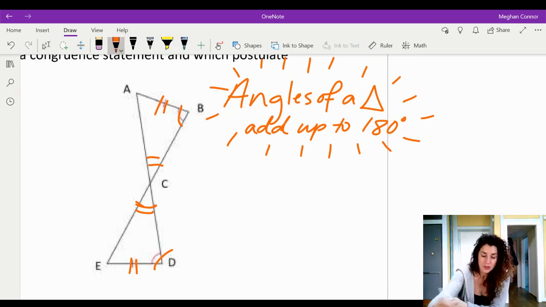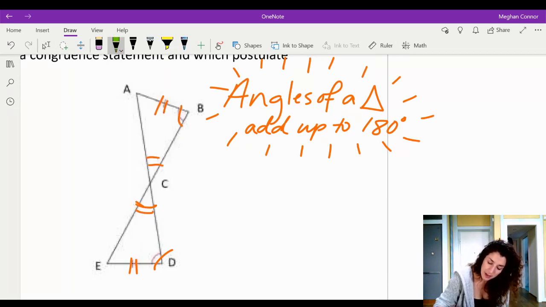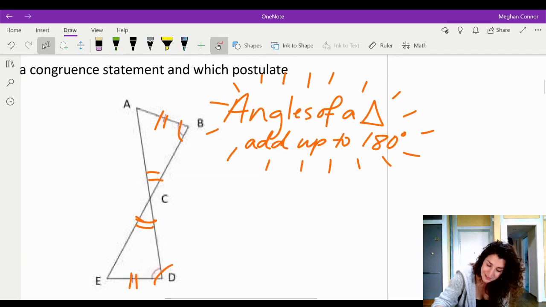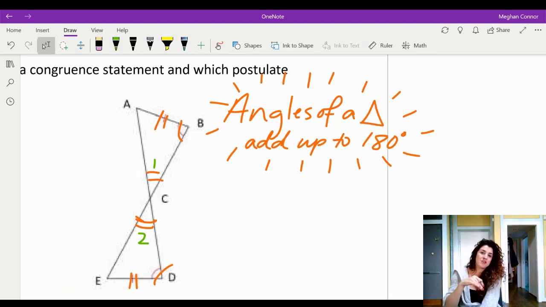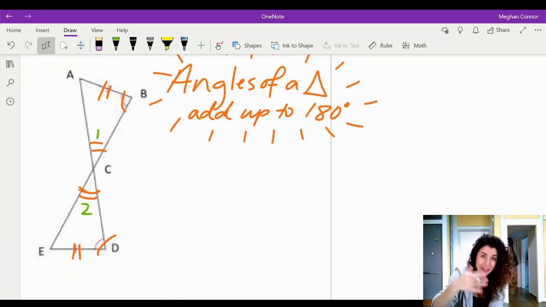I'm going to number this 1, and 2. I'm going to show you the steps in your proof, how you would be able to prove that that third angle is also equal. If you can already look at it and say, oh, I obviously already know it, good.